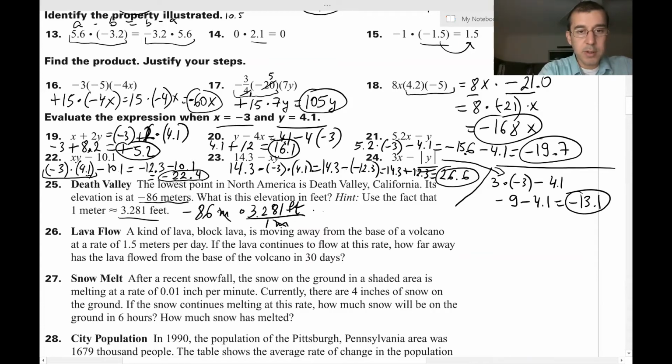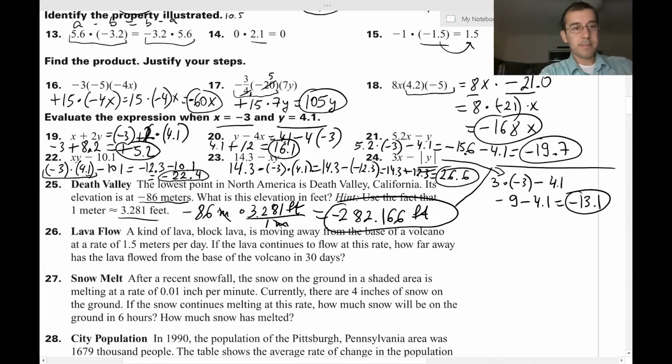Meters cancel out, so we just have to multiply minus 86 times 3.281, and we get 282.166 feet. So the elevation is minus 282.166 feet.